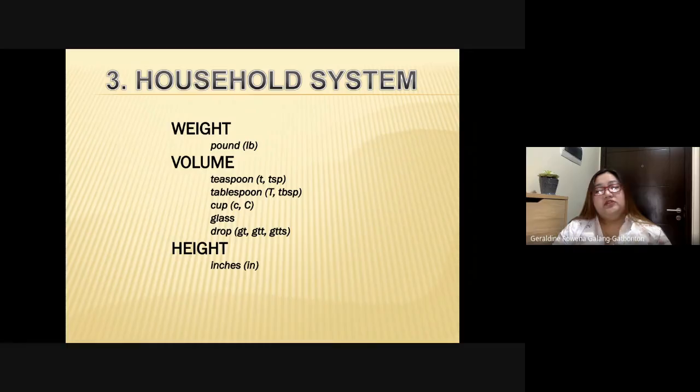And 1 drop is about 15 ml. Okay? 15 drops is about 1 ml. For height, likewise, the household system uses inches.